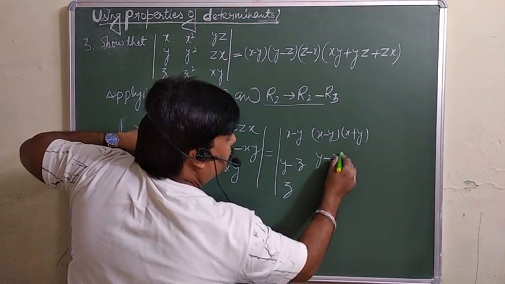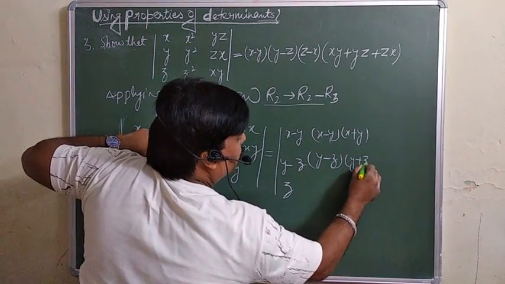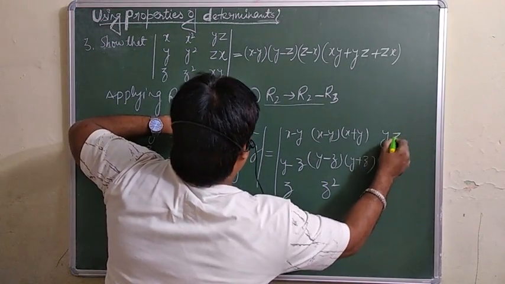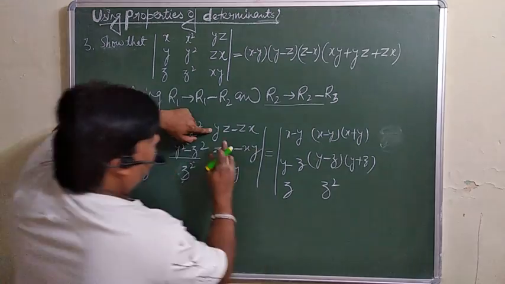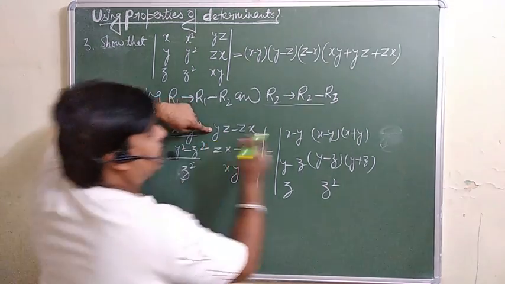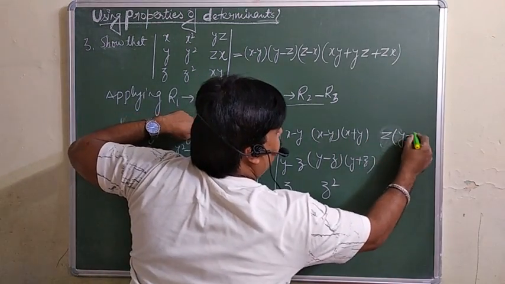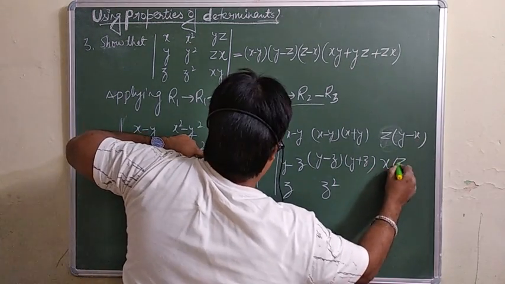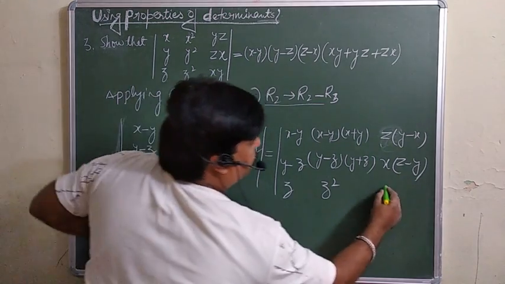The y minus z remains as it is. So y minus z, y plus z, here z square will remain as it is, and this one yz. From here you can also take z as common, that is y minus x, and here you can take x as common, you will get z minus y, and this xy is as it is.